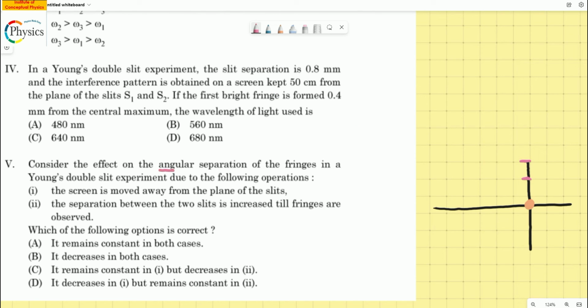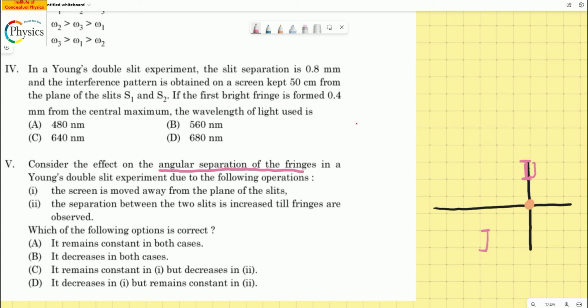So when you talk about angular separation of the fringe, what you mean is the angle which the fringe width, okay, a bright fringe, for example, this is the fringe width of a bright fringe, totally right. So this is a bright fringe which it is there. What is the angle which it subtends, right?